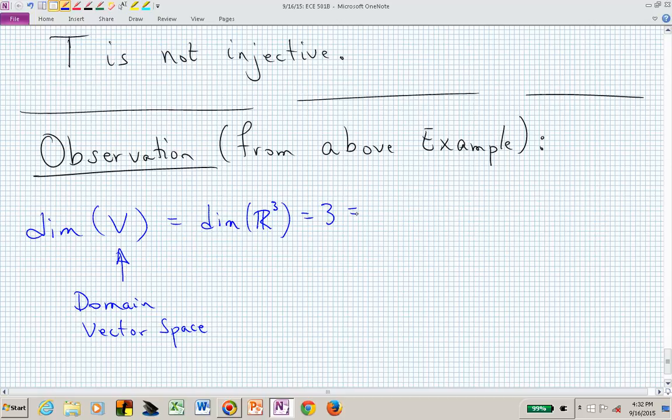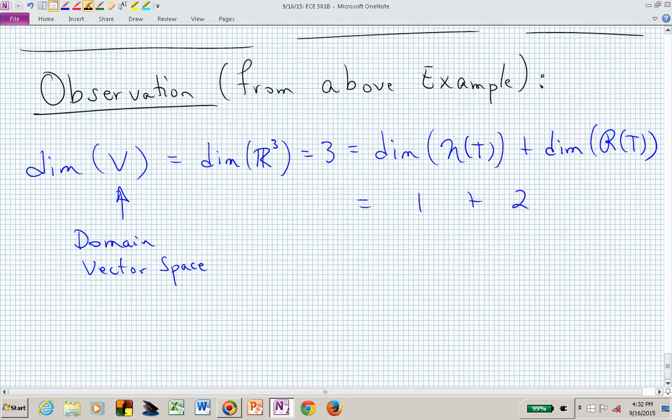But we've now seen in this example that it equaled the dimension of the null space of T plus the dimension of the range of T. Again, that high-powered math, 1 plus 2, equaling 3.